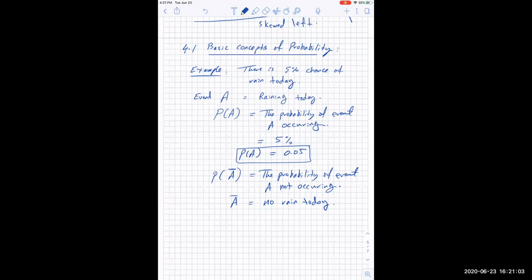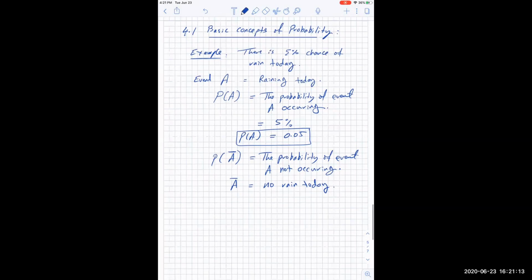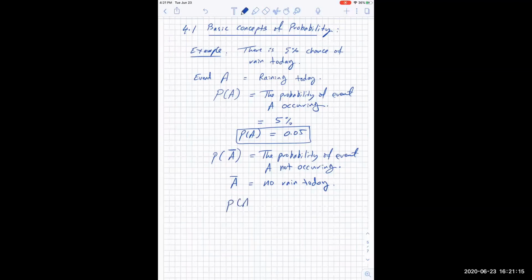This is called the complement of A. A bar is the complement of A. And what is the probability of the complement of A, which is the probability of no rain? If the probability of rain is 5%, the probability of no rain is 100% minus 5%, 95%, or 0.95.